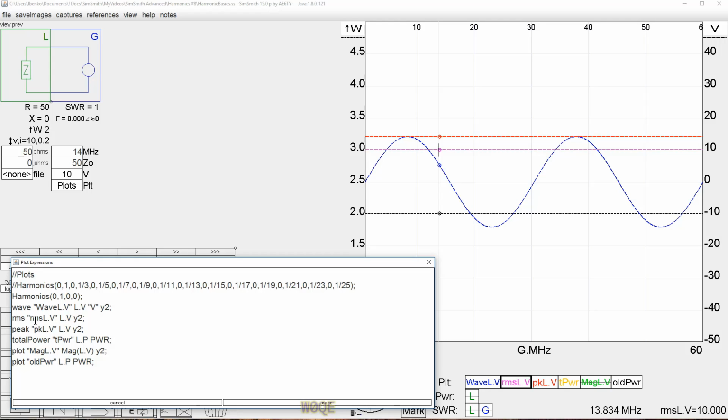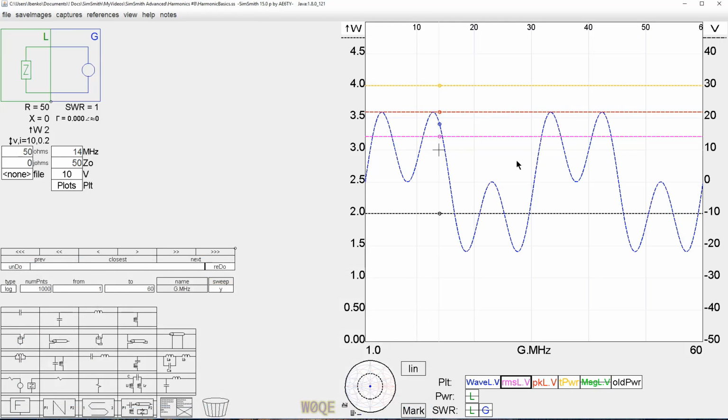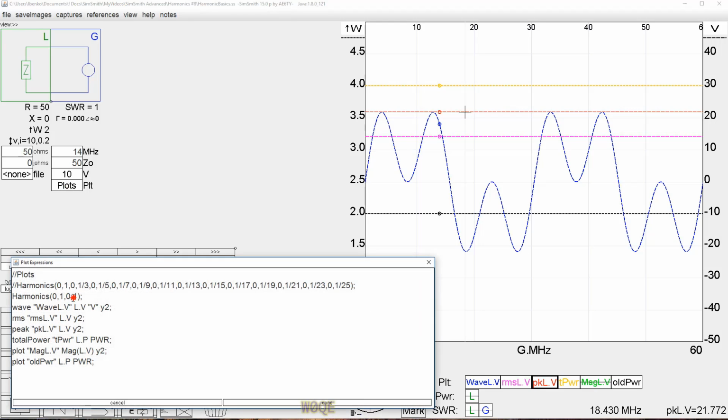But in the case of voltages, even though the power is the same on the output, no matter what the phase is, the voltage on the component is not. We saw that on the previous graph, and we can see it again right here. If the harmonic's full size, this gives me a peak voltage of 21.7 volts, 21.8 volts.